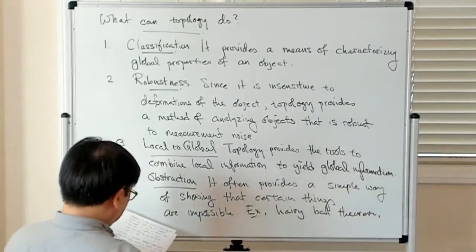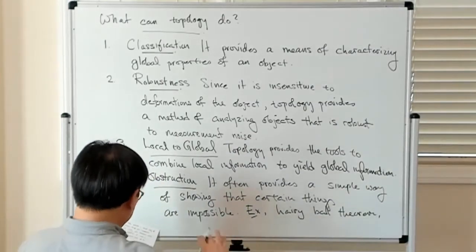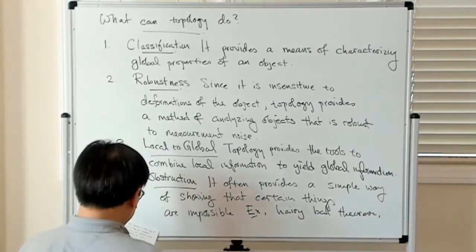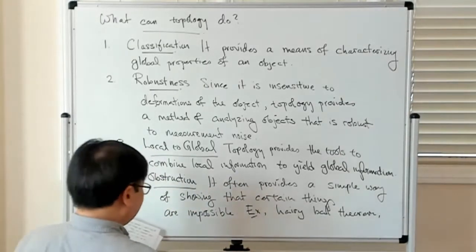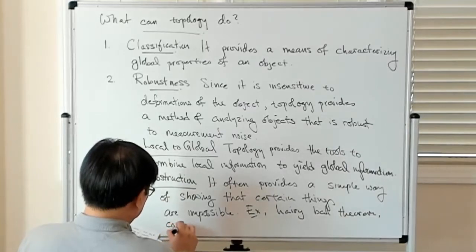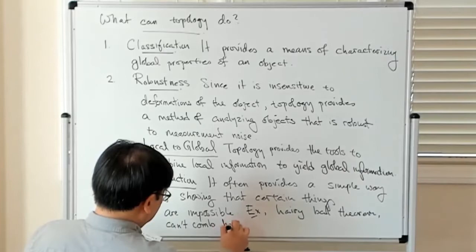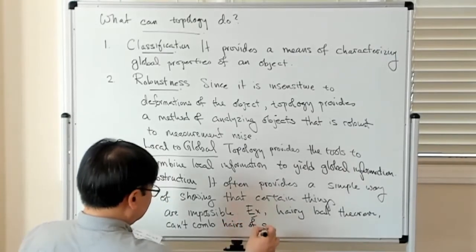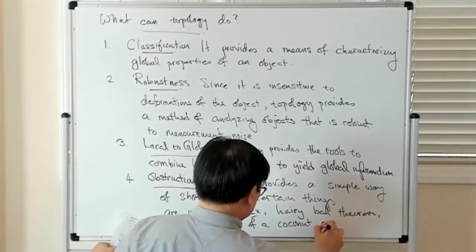It basically says that you can't comb the hairs of a coconut continuously while having all the hairs lie flat.